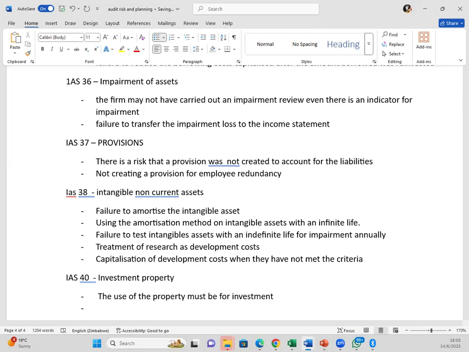Then there can also be a challenge with accounting for the investment property. The gain in the value of the investment property is not taken to other comprehensive income. It's treated differently from a gain in revaluation of PPE.